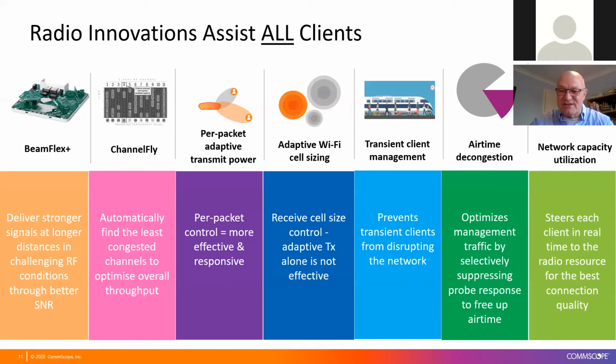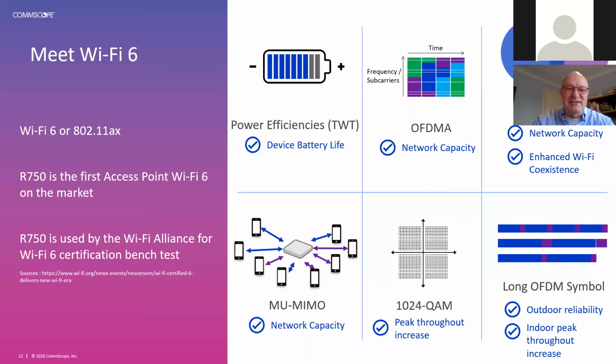We can suppress unnecessary probes to free up time for actual data traffic. And then finally, band steering in terms of steering clients to the best bands depending on the situation, whether it's 2.4 or 5 gig or maybe other bands in the future. So lots of radio innovation that assists all clients, not just specific clients that have certain capabilities in terms of the standards, but any client that's actually attached.